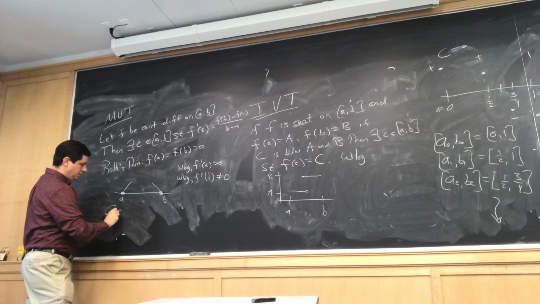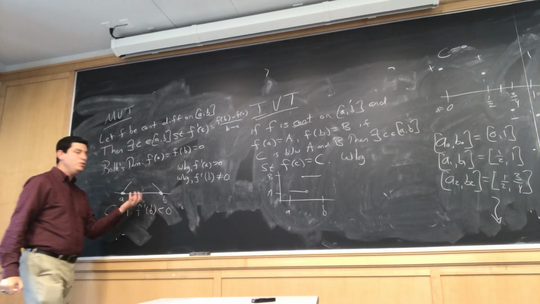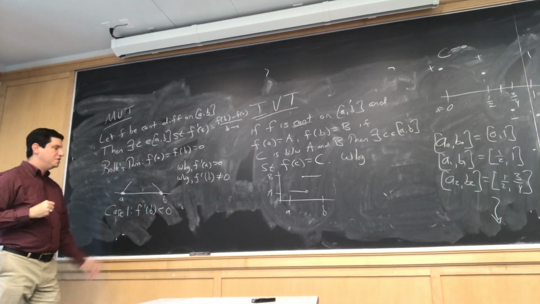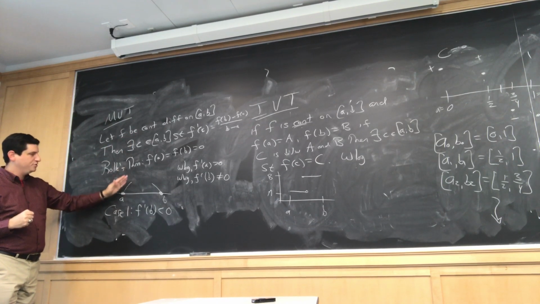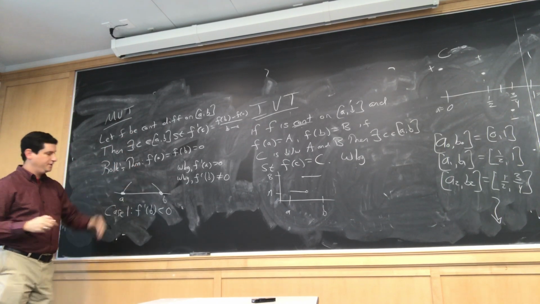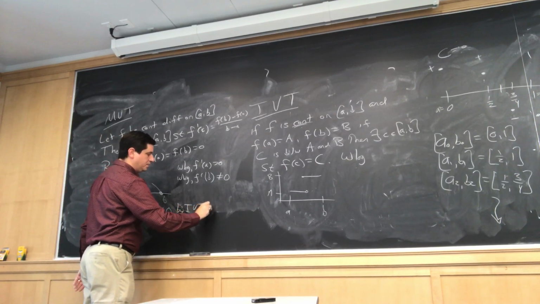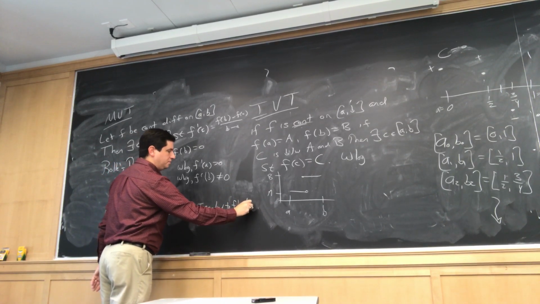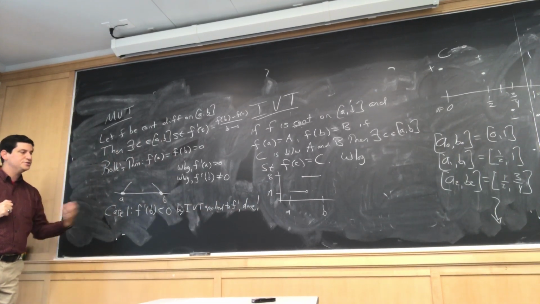So case 1, f prime of b is less than 0. How can we conclude that there must be a place? Well, we know the derivative is continuous. I'm assuming the derivative is continuous. So because the derivative is continuous, the derivative is positive here, the derivative is negative here. So by the intermediate value theorem applied to f prime, we're done. So that handles the case when f prime of b is negative.